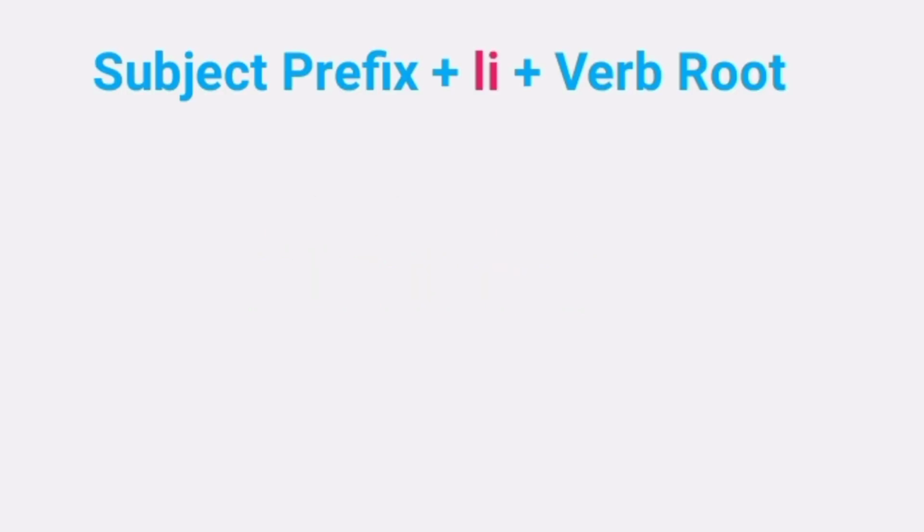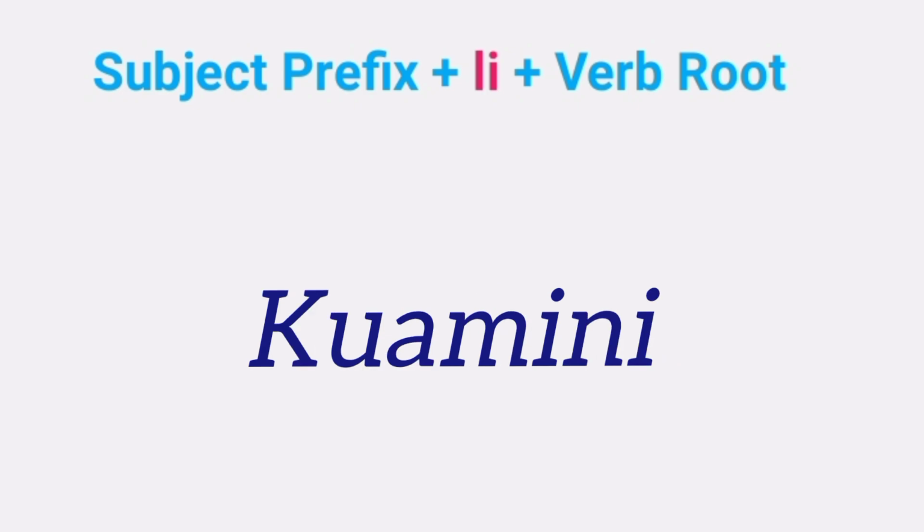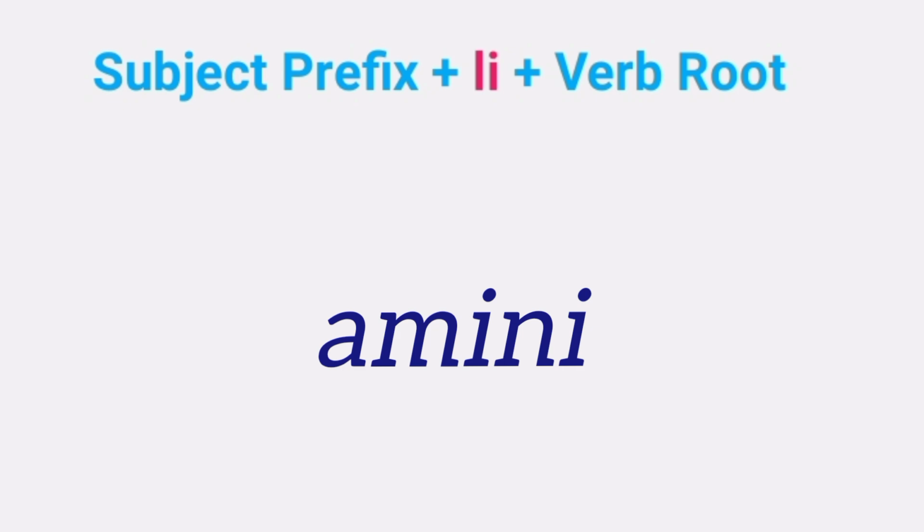Let's move on to another example. This time, we want to conjugate the verb to believe in the complete past tense in the second singular personal pronoun. To believe in Swahili is kuamini. To get the verb root, we drop the ku as usual, and we have amini.